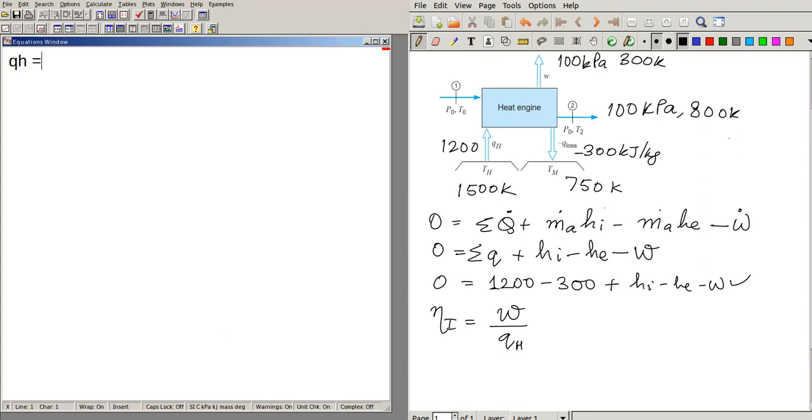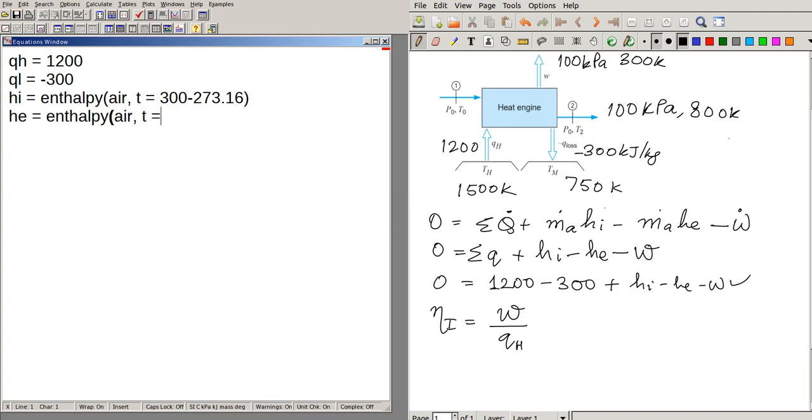So we have Q_H equal to 1200, Q_L equal to minus 300. h_i is the enthalpy of the inlet air. Because air is considered an ideal gas, the enthalpy is simply a function of temperature, and in this case it's 300 Kelvin, or in degrees Celsius, it's this. h_e is the enthalpy of air at T equal to 800.